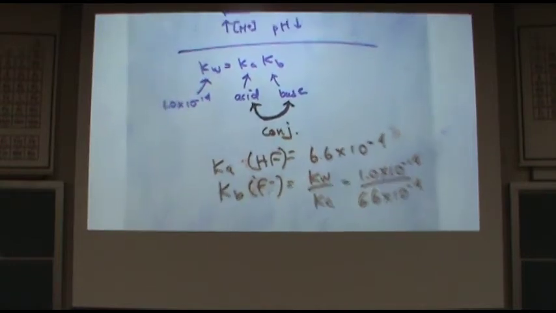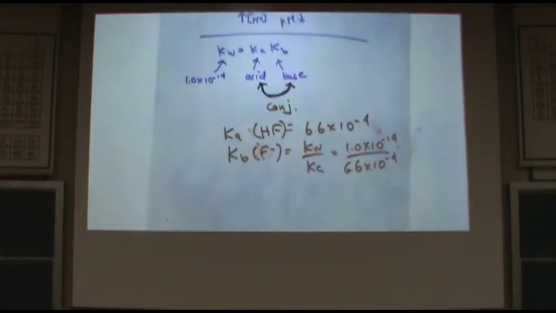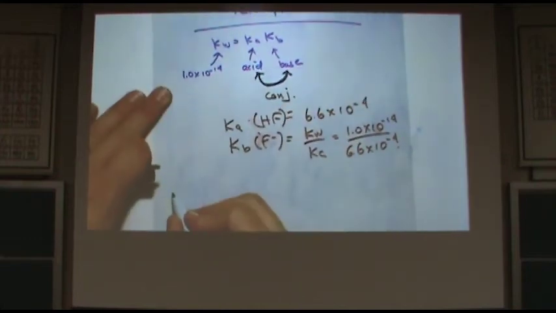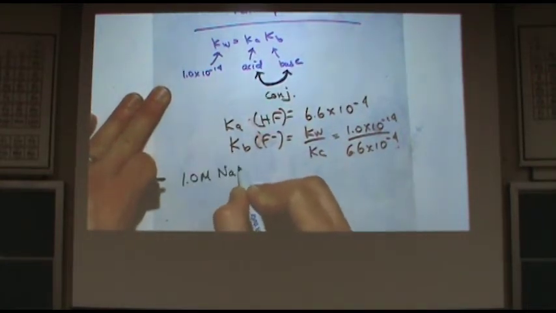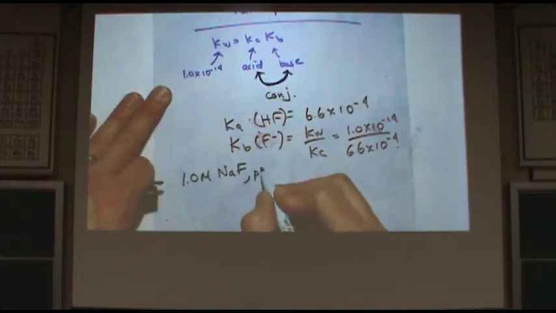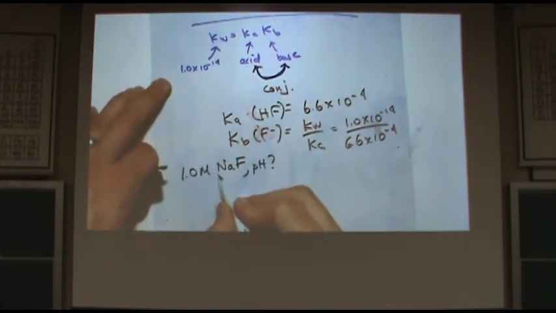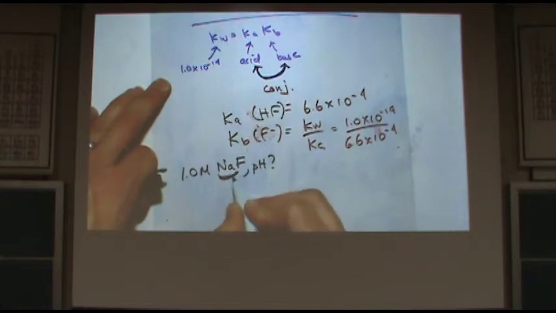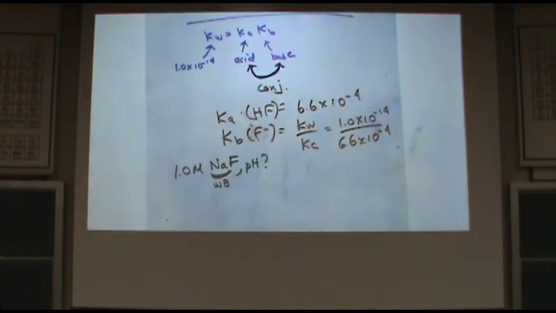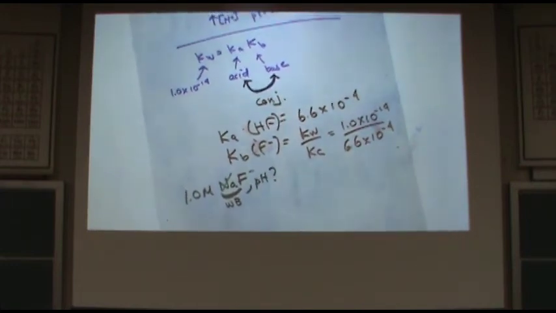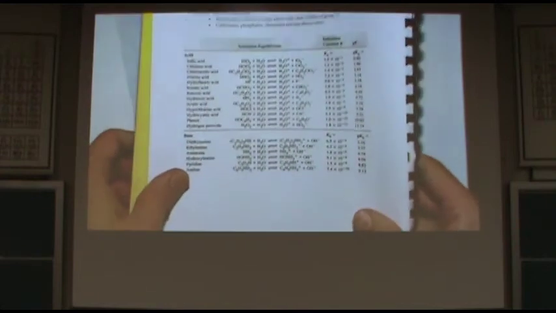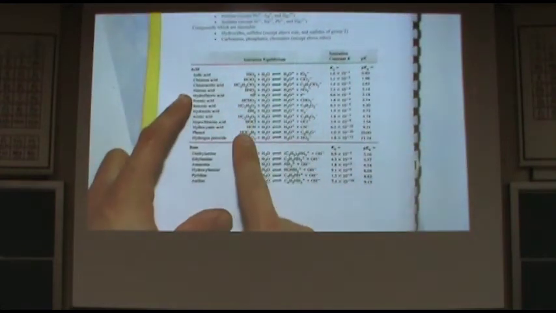Why would you need to do that if you were solving a pH problem where, let's say, I had 1.0 molar sodium fluoride, and I want to know the pH. This is an ICE table problem because, anybody, what's this? It's a weak base. You ignore sodium, it's a spectator ion, the conjugate of a strong base. Drop that, and all you're left with is F minus. But if you look in this table here, there is no Kb given for F minus.